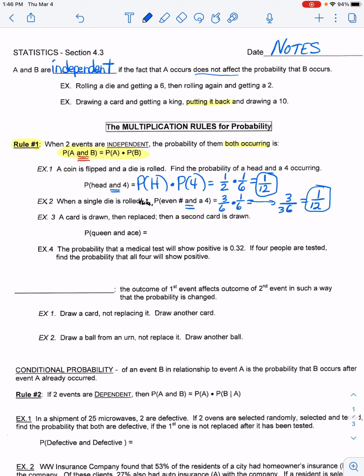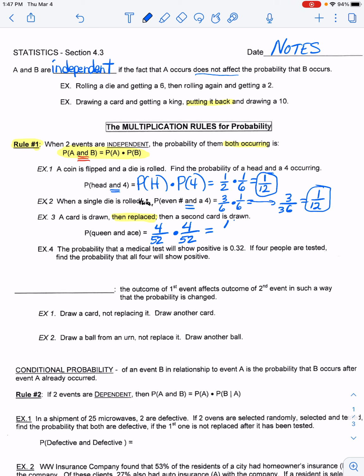All right, next one. A card is drawn, then replaced, then a second card is drawn. Since it's replaced, we can claim the events are independent. Chance of a queen: there are 4 queens out of 52 cards in a deck. Aces, there are 4 aces out of 52 cards in a deck. You could reduce these first before you multiply if you like.